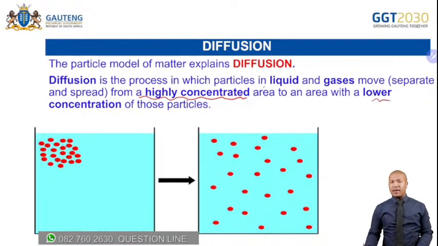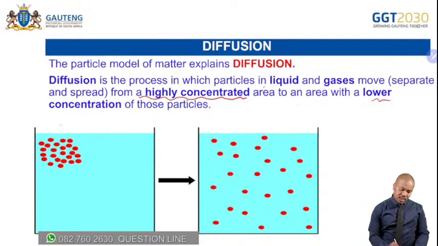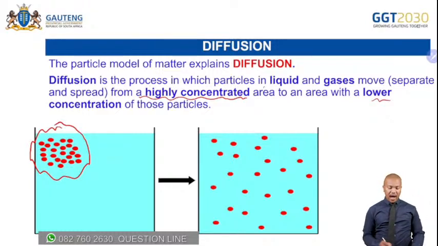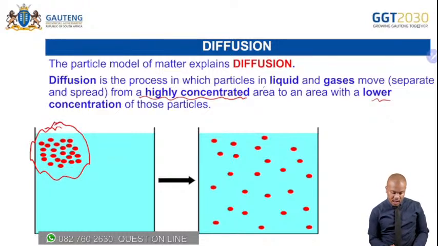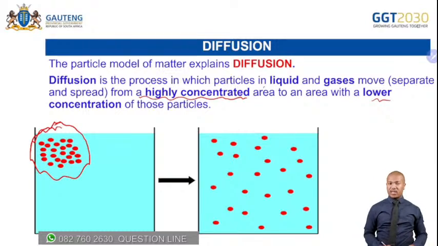Here is an example here. Now looking at this structure here, the particles are highly concentrated here, right? This is where we have an area of high concentration. So we're saying diffusion is the movement of particles from where they are highly concentrated to an area where they are of low concentration.